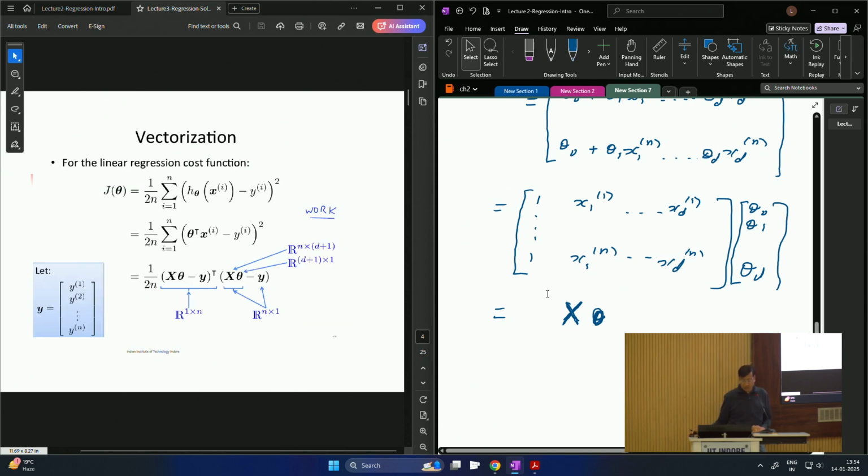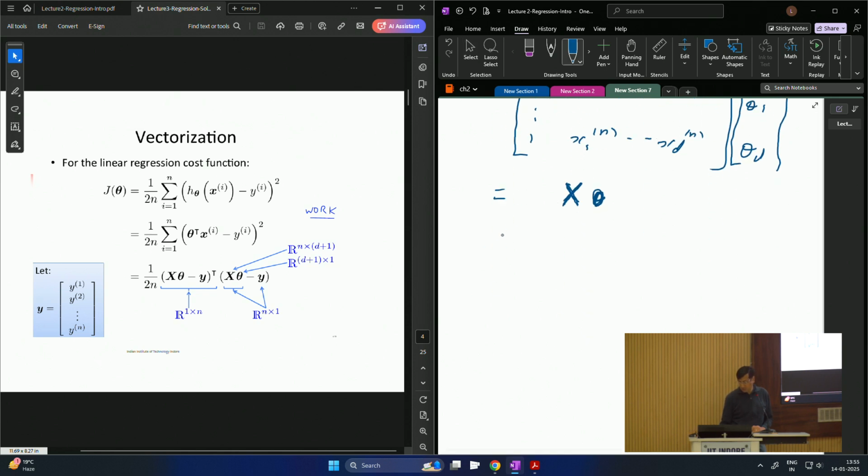Okay. So let's look at the cost function or the residue function. J theta is 1 over 2n summation of h theta xi minus yi, where i goes from 1 to n. This is written as the first line, and you're doing it in a least square sense. H theta of xi, correct?